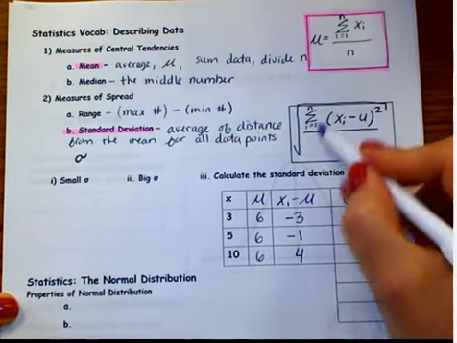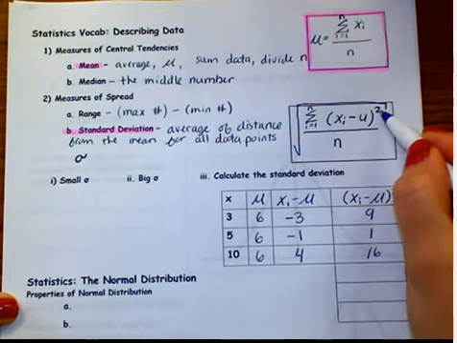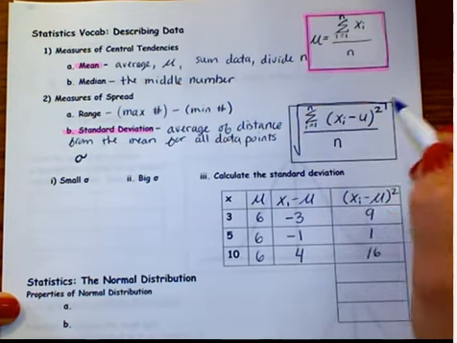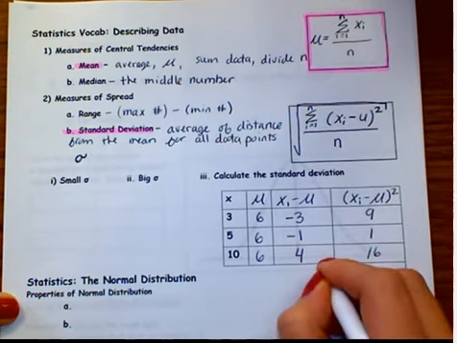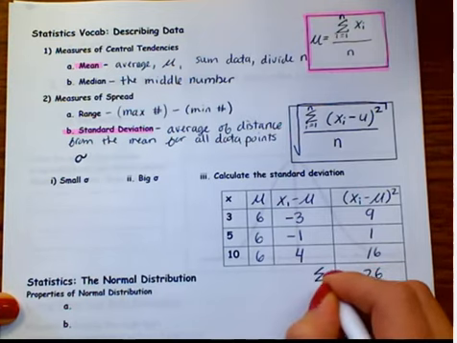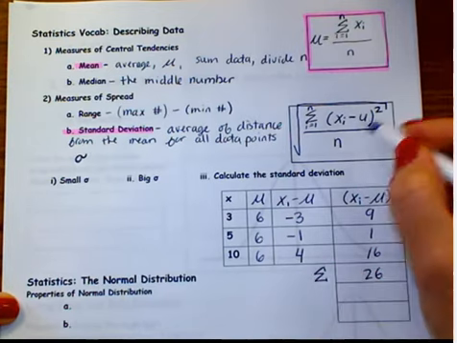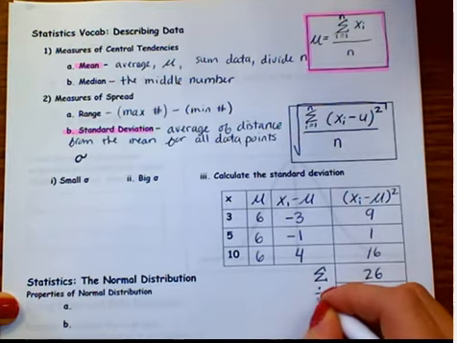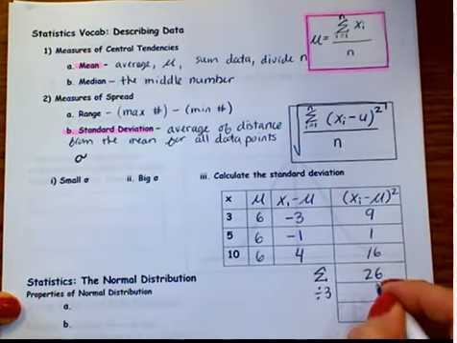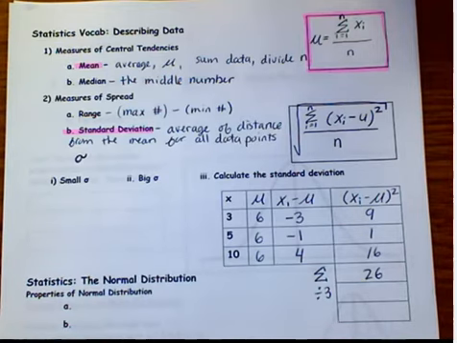Okay, so let's check my formula. Okay, so I've squared it. Now I need to add them up. Okay, so this was the sum. Okay, now I need to divide by n. Okay, so that's 26 over 3.